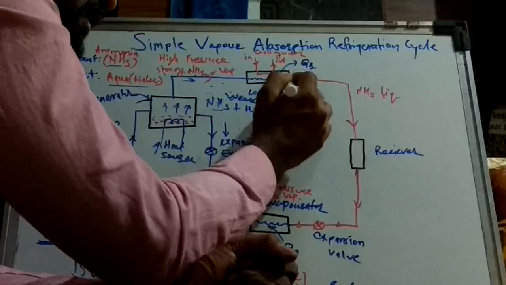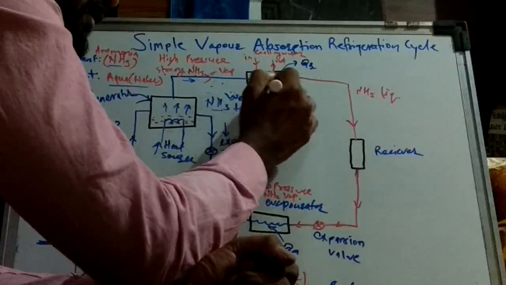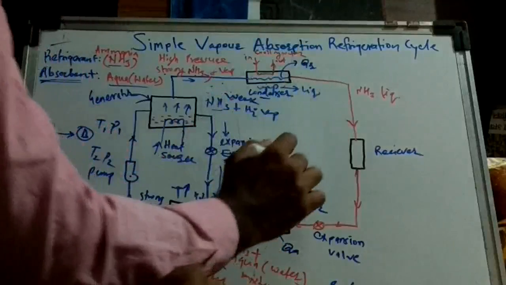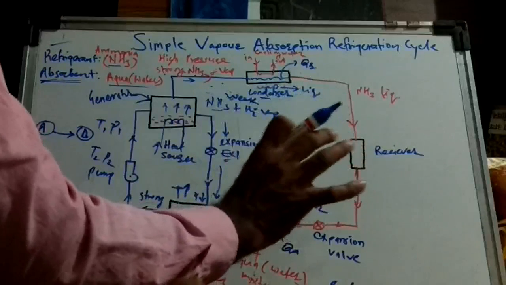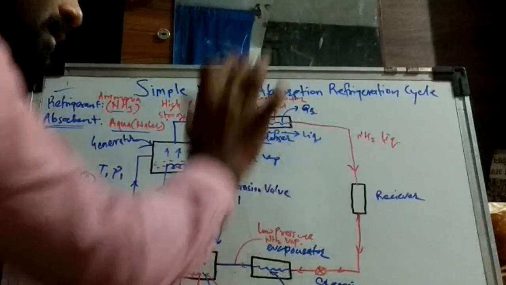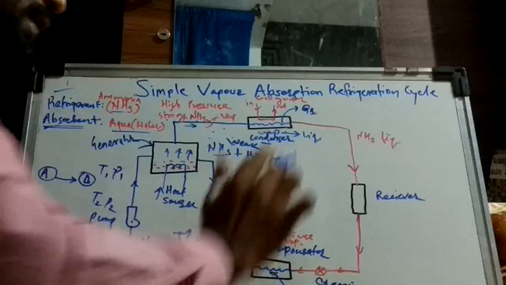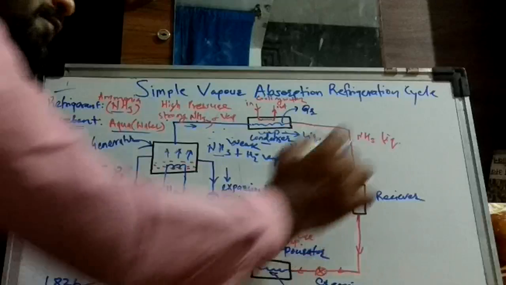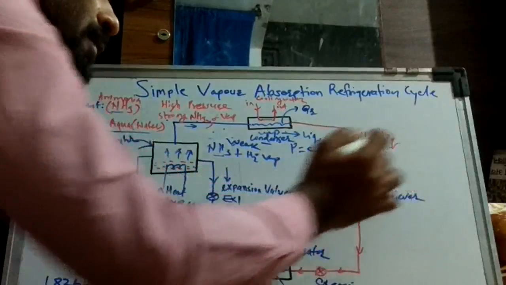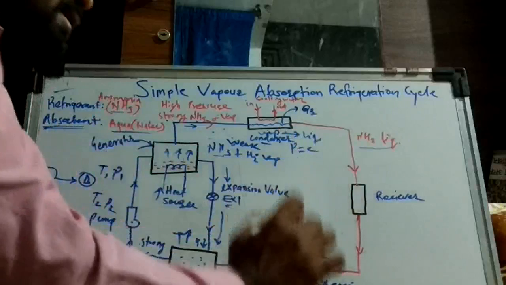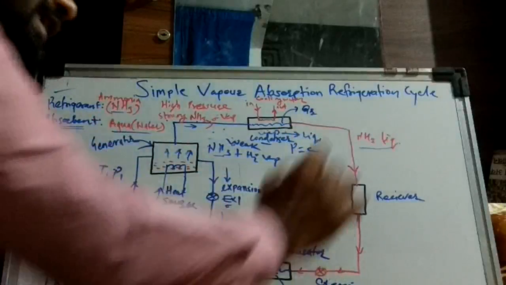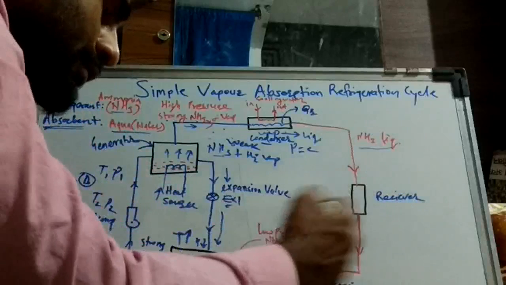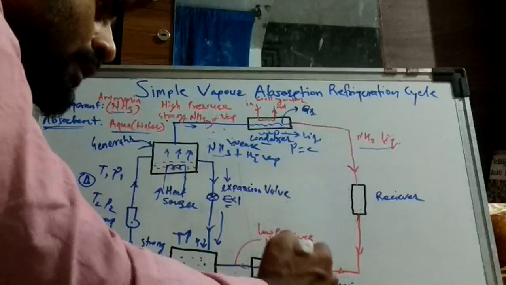Because of that, the vapor form of ammonia will get converted into the liquid form of ammonia. So a phase change process takes place, and this is at constant pressure. Here we get liquid ammonia. That liquid ammonia will be stored in the receiver, and as per requirement, it is circulated through the expansion valve and evaporator.